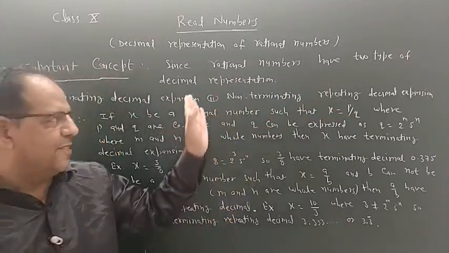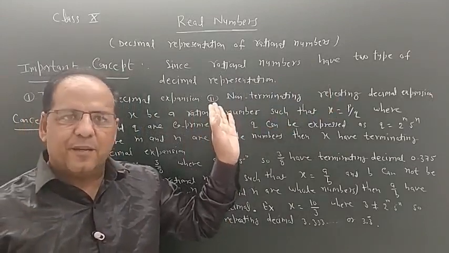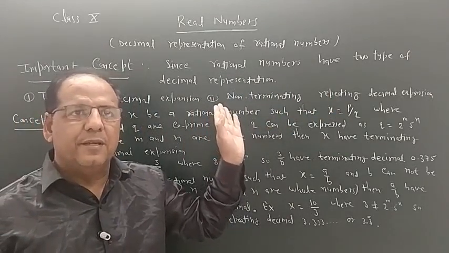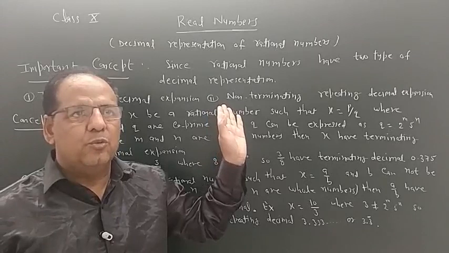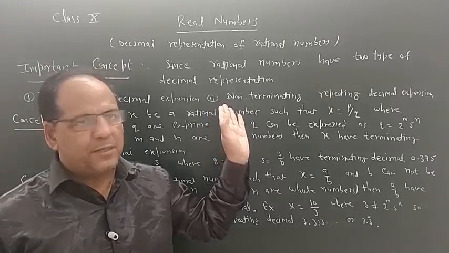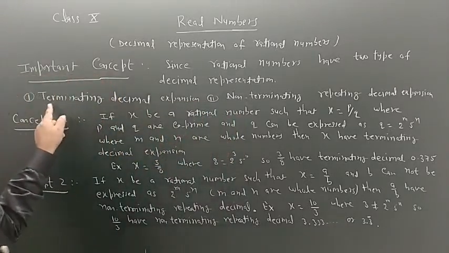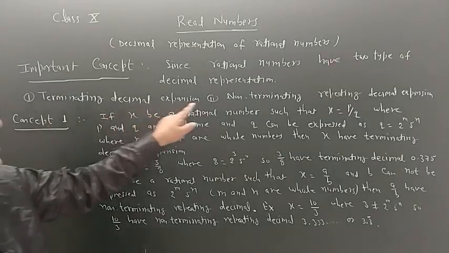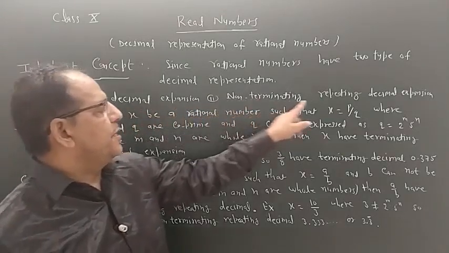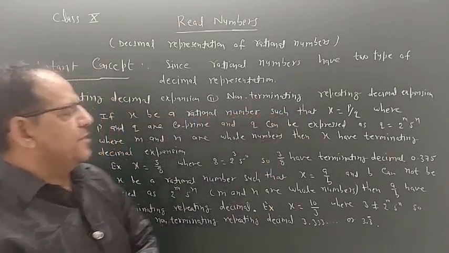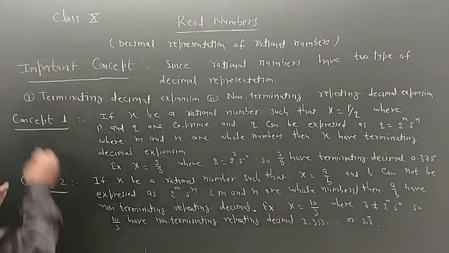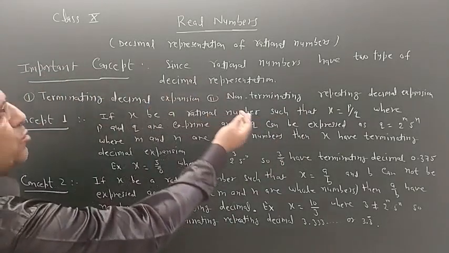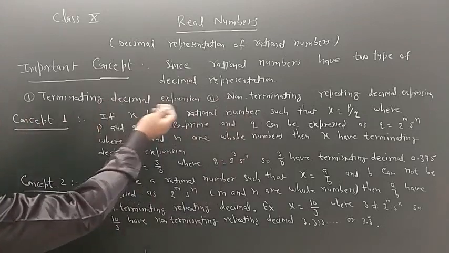Each rational number can be represented in two forms of decimal expansion: one is terminating decimal expansion and the other is non-terminating repeating decimal expansion. So there are two concepts related to decimal expansions.